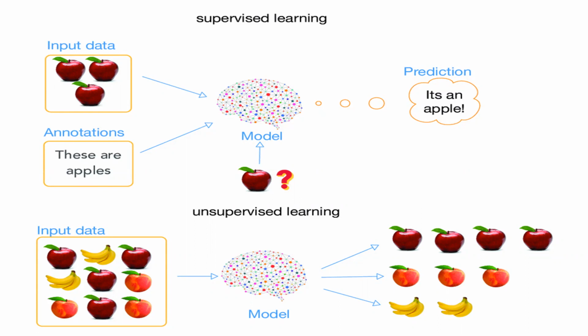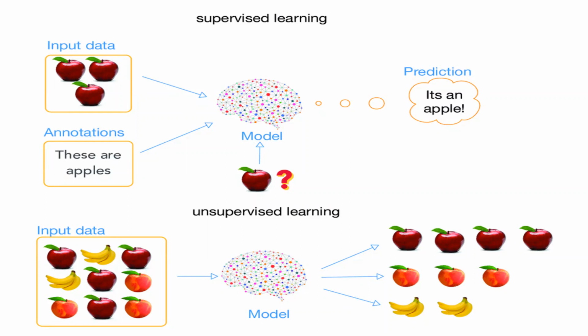In unsupervised learning, you also feed the data which is coming in, but then the model figures out what different divisions it can divide this data into. You just give it randomly all the fruits you have, and the system will be able to figure out that it found three groups in this data.